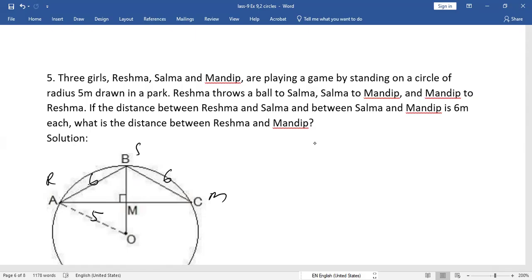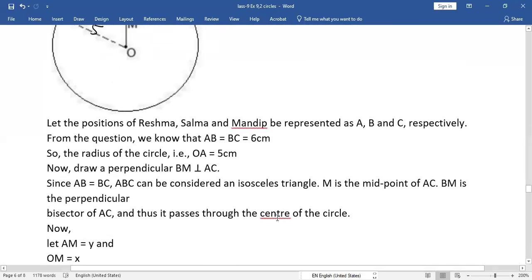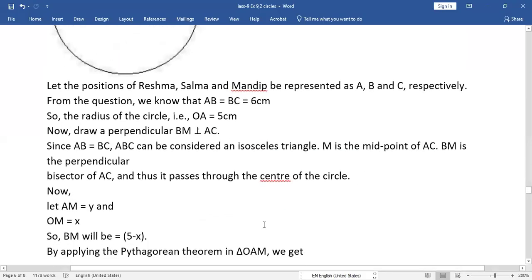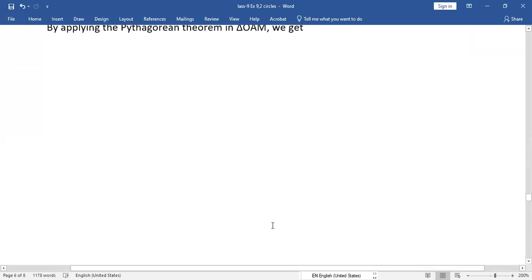So how can we find AC? There are many methods. One method you can find like this, and you can take a screenshot. Another method: taking X and Y, we can give pi minus x, then apply Pythagoras theorem.